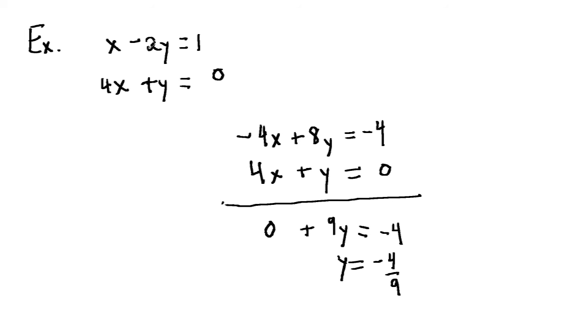Let's go back here. Okay, our original set of two equations. Just pick one. Let's pick the first one. Okay, so x minus 2y equals 1. We already know what y is, negative 4 over 9, so let's plug that in here.